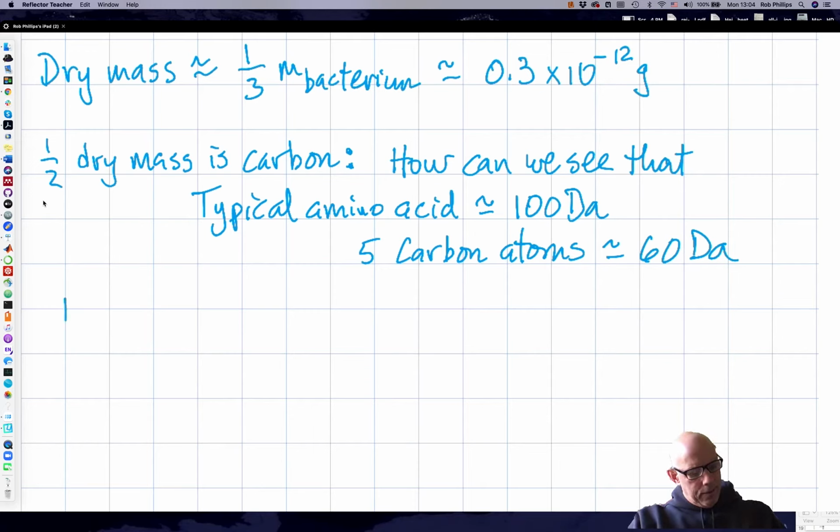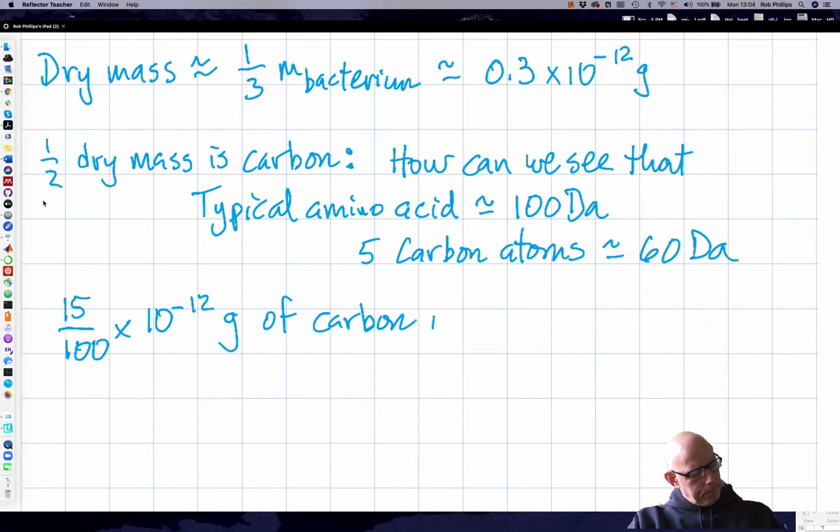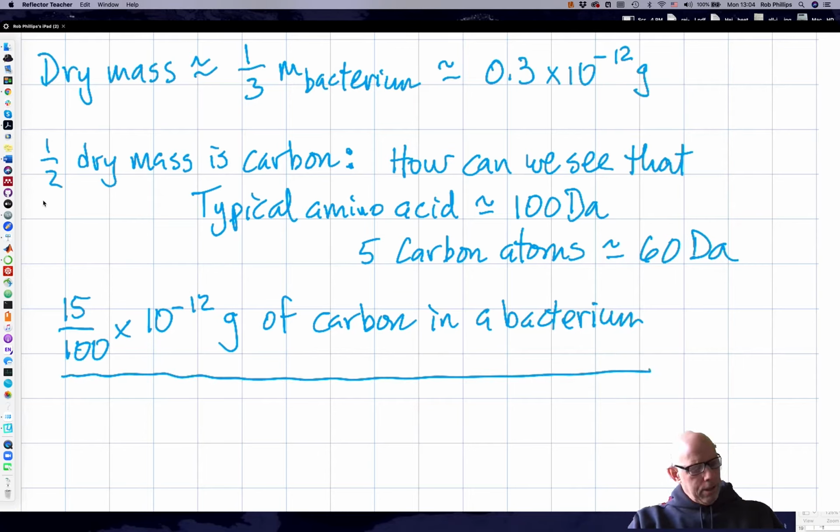I learned that 15 over 100 times 10 to the minus 12 grams of carbon in a cell, in a bacterium. And the 15/100ths is my way of reporting the fraction that is carbon.